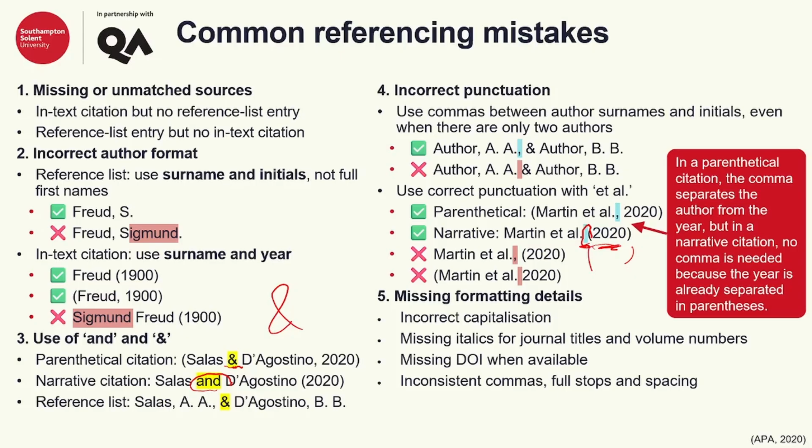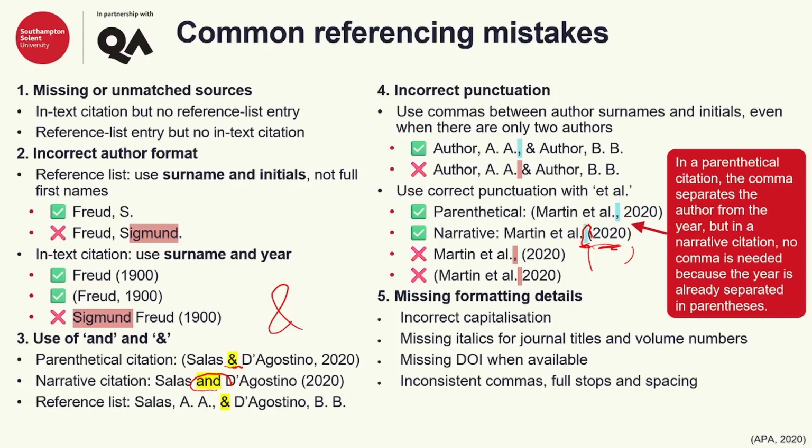The fifth problem is missing or inconsistent formatting. Check the capitalization of titles: article, chapter, and book titles. Normally use sentence case, whereas journal titles use title case. Check that the journal title and volume number are italicized in the journal article reference.